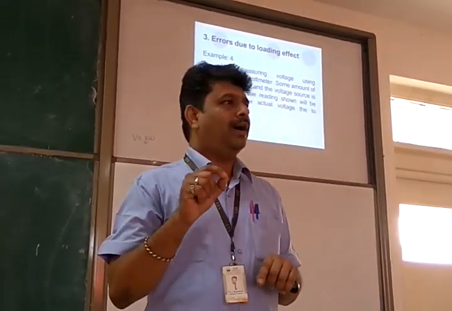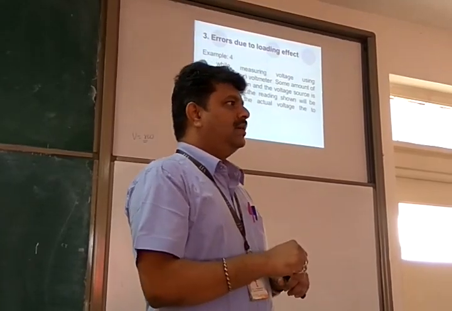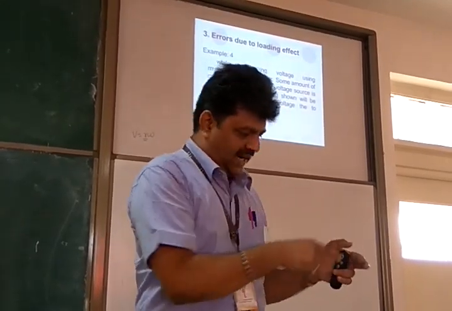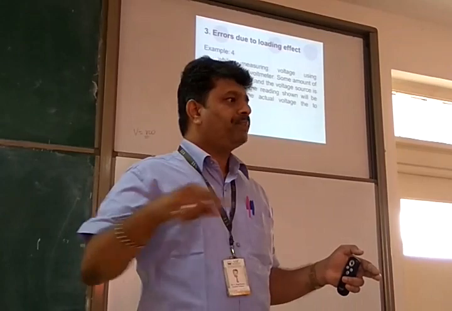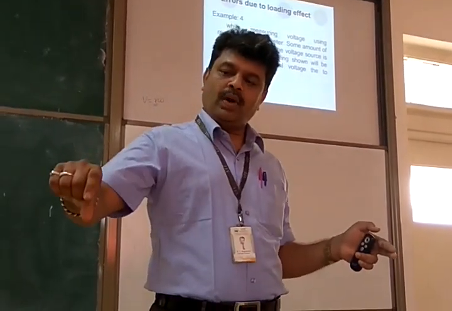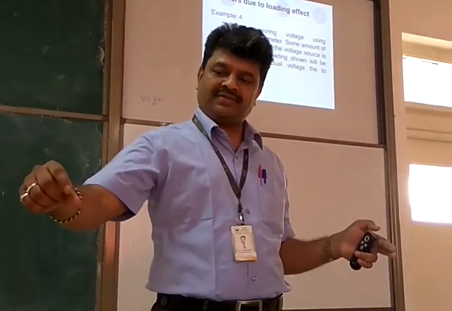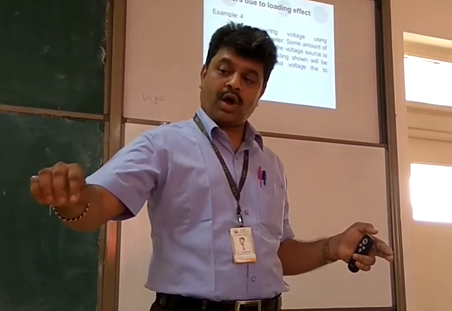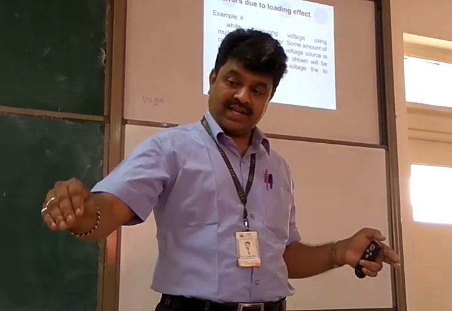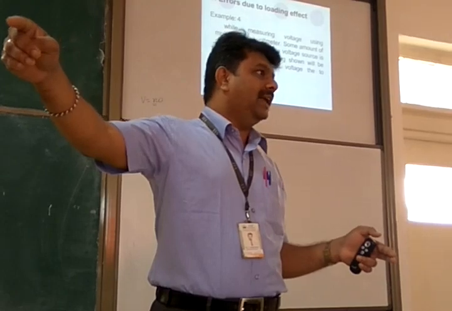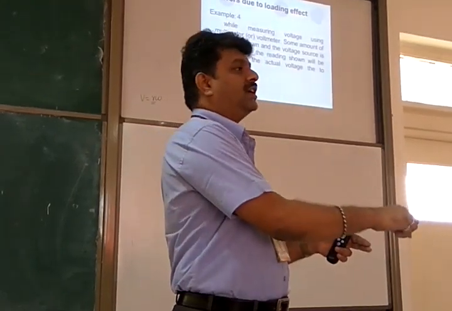For that, I am connecting it to a circuit so that the current will flow and there will be a voltage. There is a voltage drop because of the resistance. That is actually measured by the multimeter and shown in the reading. And then the circuit comes and gets closed.